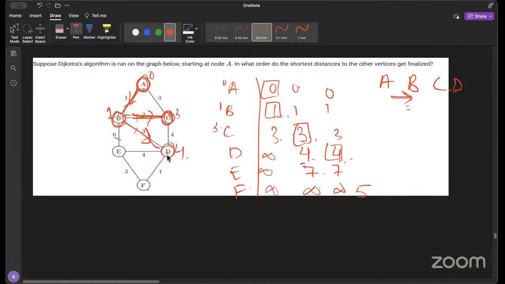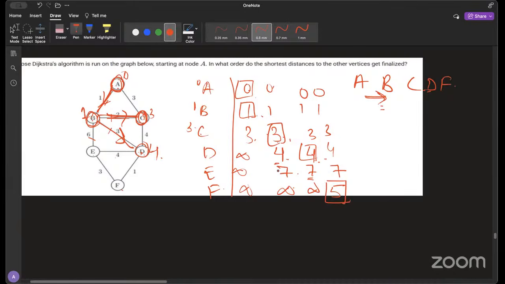This gets updated. And then from this 4, from D to E, it will be 4 plus 4, 8. And you already have 7, a better option here. So just keep it 7. And you have to choose the minimum from these two this time. So the minimum is this one. So the next in line is F.